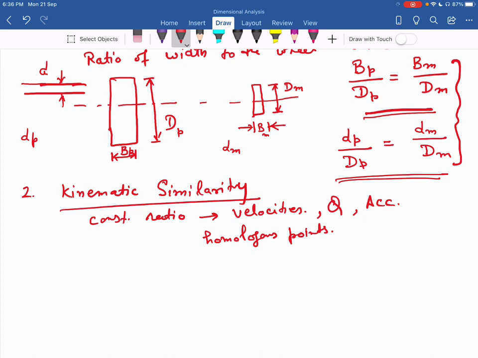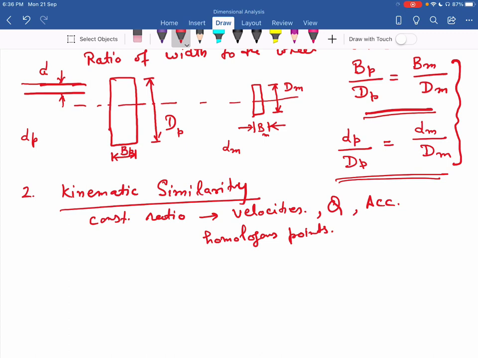Because their directions and angles are the same, we can call the velocity triangles similar.